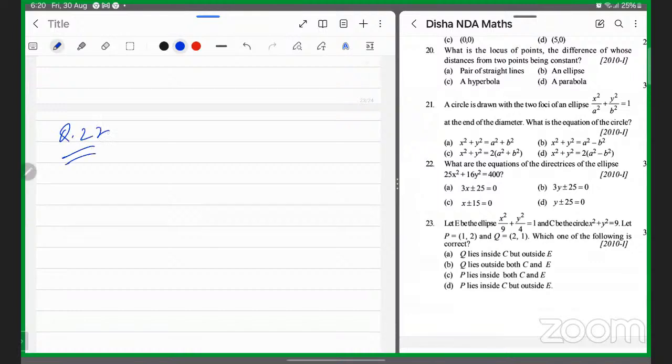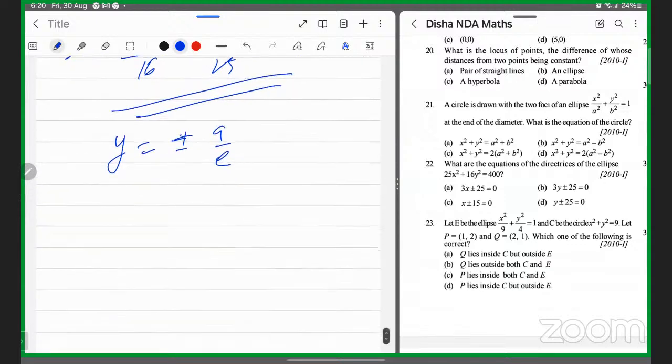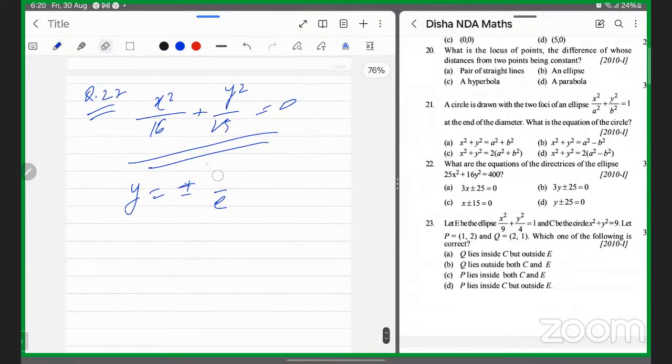What is the equation of the directrix of the ellipse x square by 16 plus y square by 25? Again a vertical ellipse. For a vertical ellipse the directrix is y equal to plus minus b by e. Here it should be b by e. To find e, a square is equal to b square into 1 minus e square.